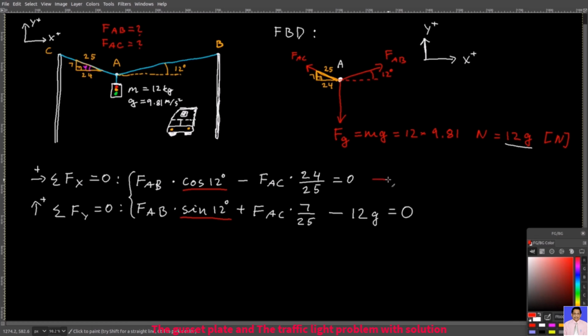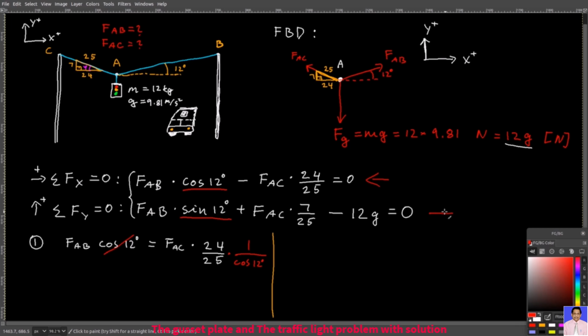So let's take the first equation. You can rewrite it like this. FAB cosine 12 equals FAC times 24 over 25. And then, in order to get rid of this cosine 12 degrees, you put it here in the denominator. So now you have FAB in terms of FAC.